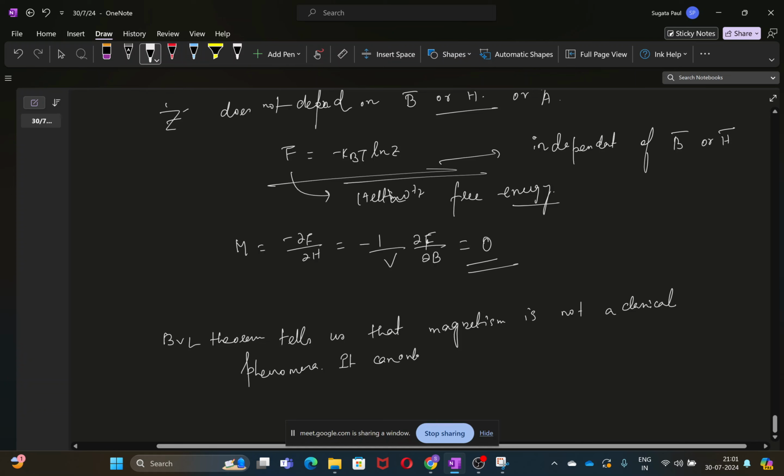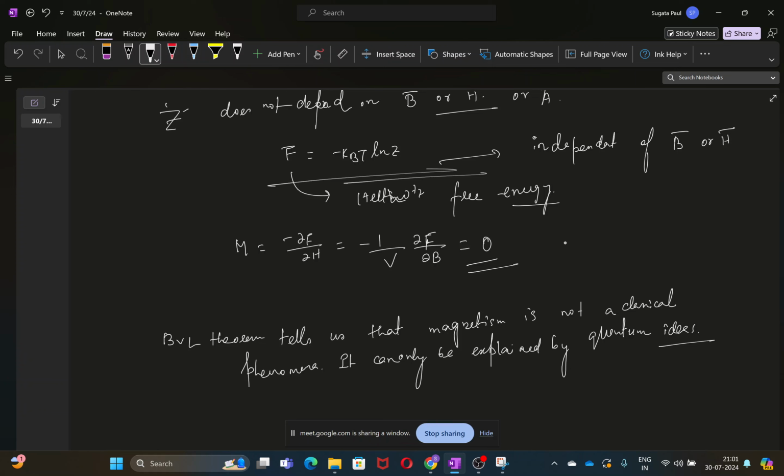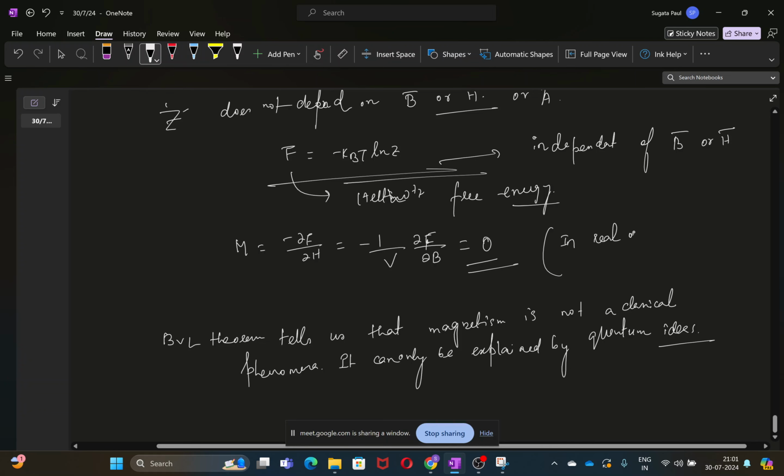It can only be explained by quantum ideas. That is why, even if in reality you have solid objects, they have a finite magnetization, M not equal to 0, but those are not treated classically. Okay, so in real objects it can have M not equal to 0.